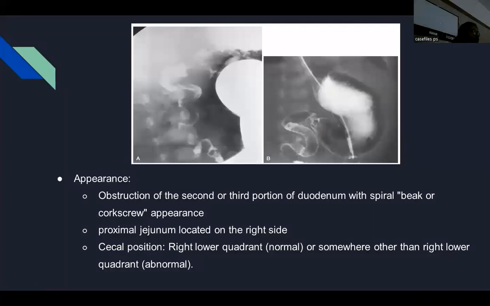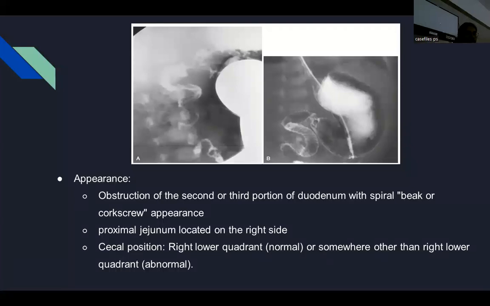In patients with features of malrotation, there can be obstruction of the second or third portion of the duodenum, because of extrinsic obstruction by peritoneal bands. This can give a corkscrew appearance. Here the proximal part of the jejunum will be located on the right side because of the malrotation.